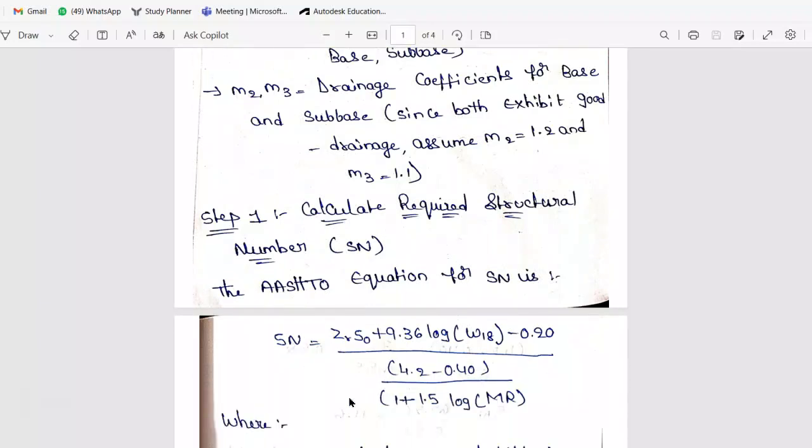Step 1: calculate the required structural number Sn.